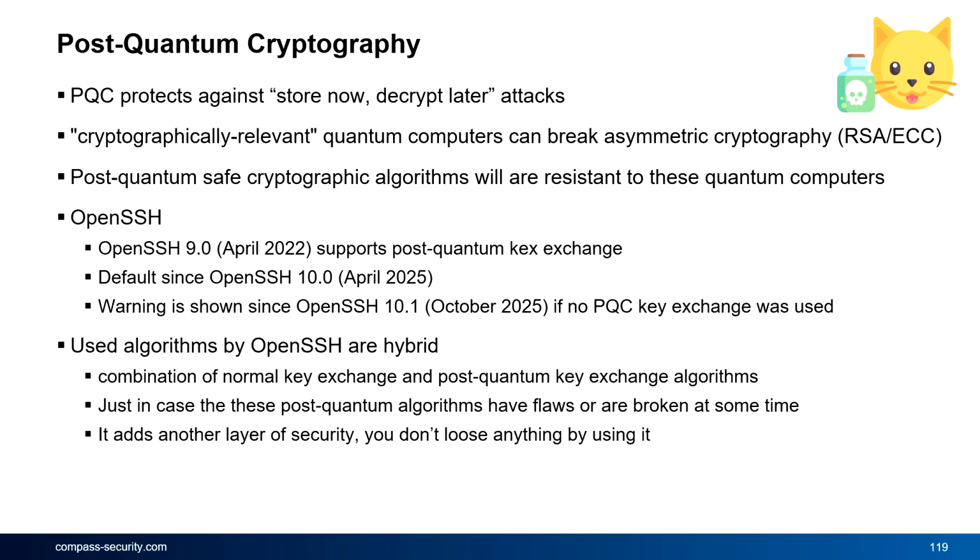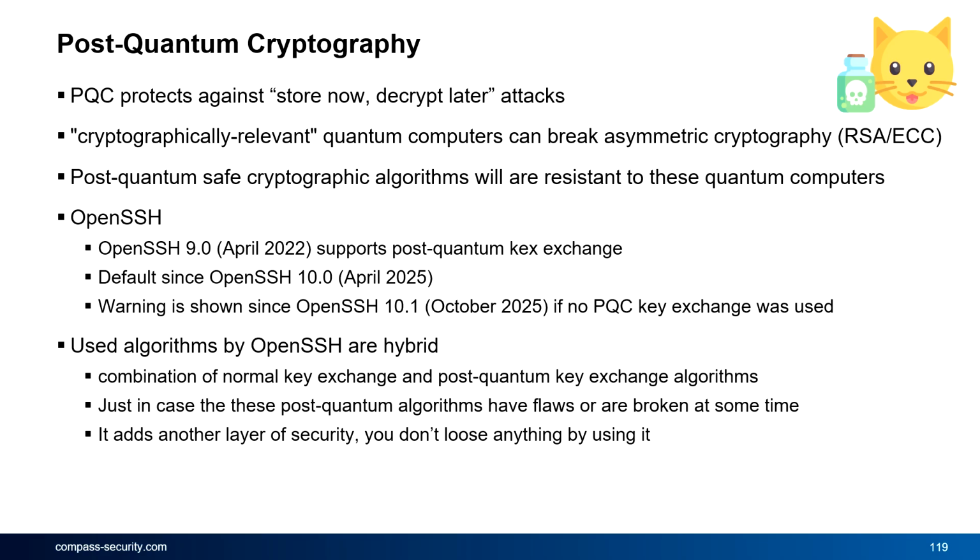Because these algorithms are quite new and it's maybe not completely sure if there are flaws in there or if they are bulletproof and really safe to use, they are used as an additional layer. So this is the hybrid approach where you still use the normal key exchange using RSA or elliptic curves, and then in addition these post-quantum cryptographic algorithms are used.